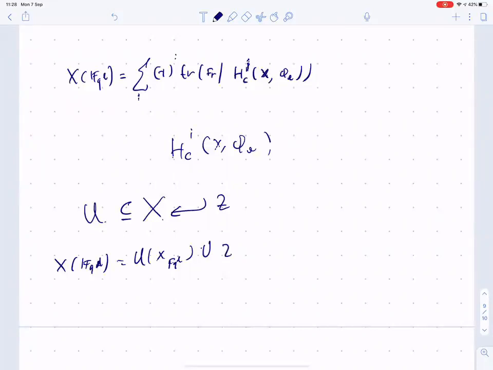Well, this is just the disjoint union. So that is a maneuver.